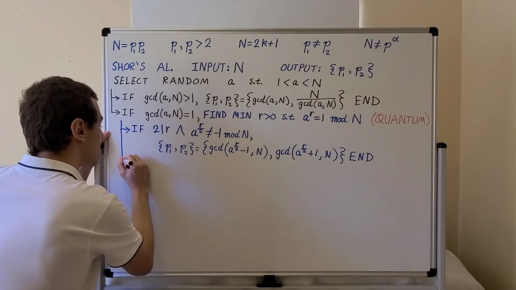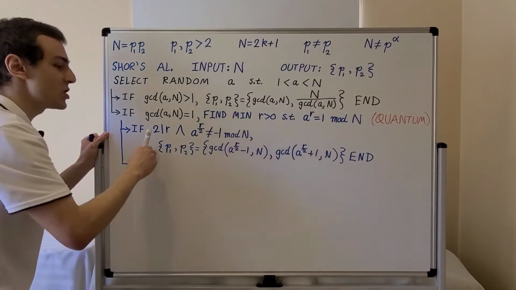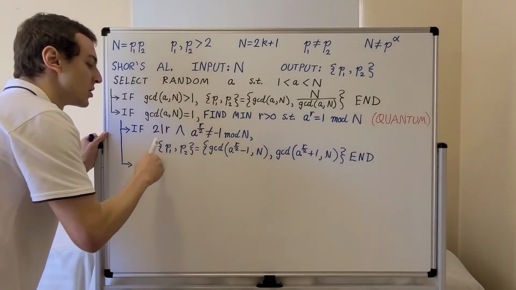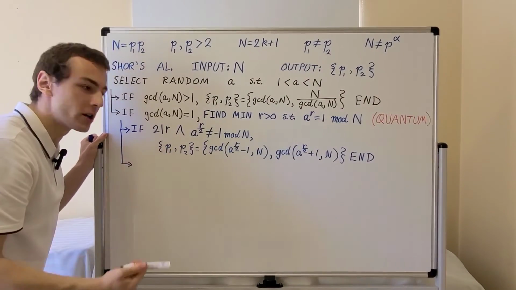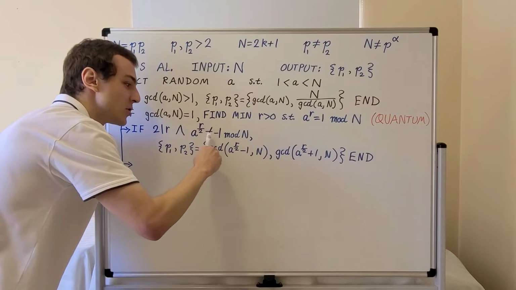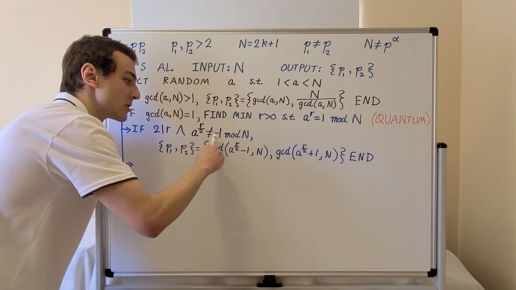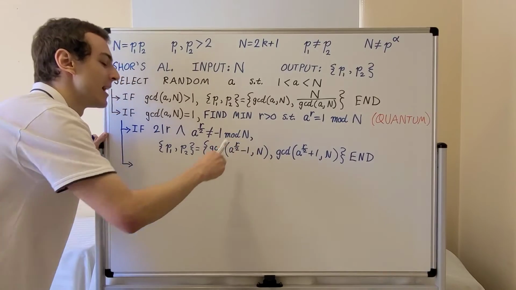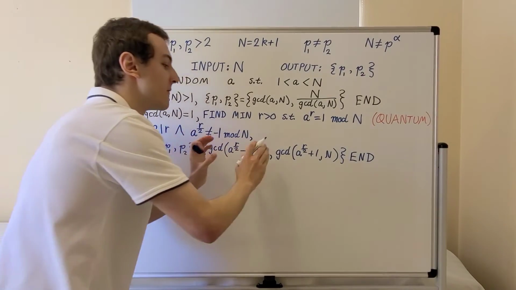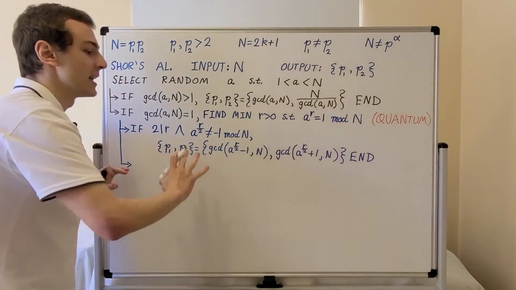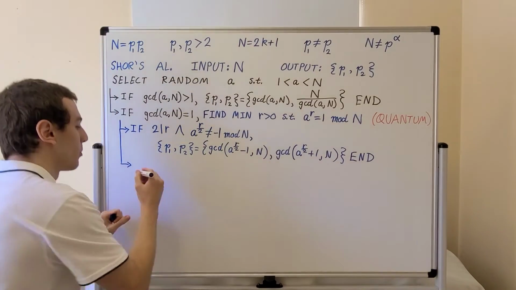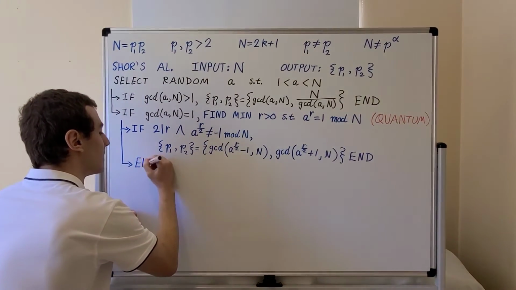But there's also another possibility. And the other possibility is that these conditions are violated. So if r turns out to be odd, or if this turns out to be an equality, if we have a to the r on 2 equals minus 1 mod n, then this algorithm will actually fail. So this part of the procedure is not going to work. So I'll put over here, we have else.